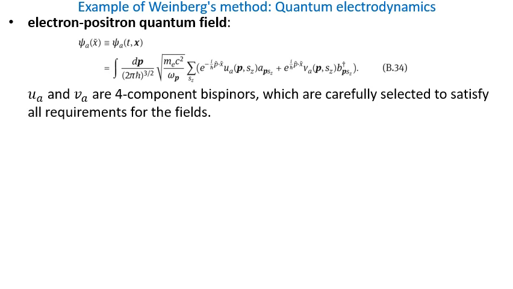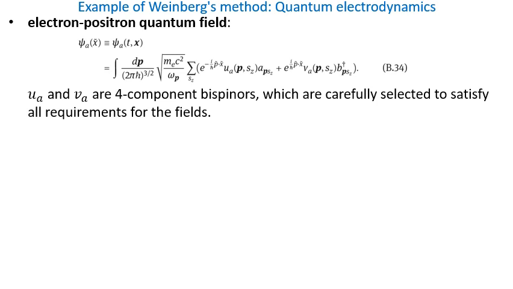As we already know, first we have to construct the electron-positron quantum field as a special linear combination of electron and positron creation and annihilation operators, which transform in a certain way and have predefined anticommutator relations. In his book, Weinberg proved that the only way to satisfy all these requirements is to define the quantum fields as shown here.